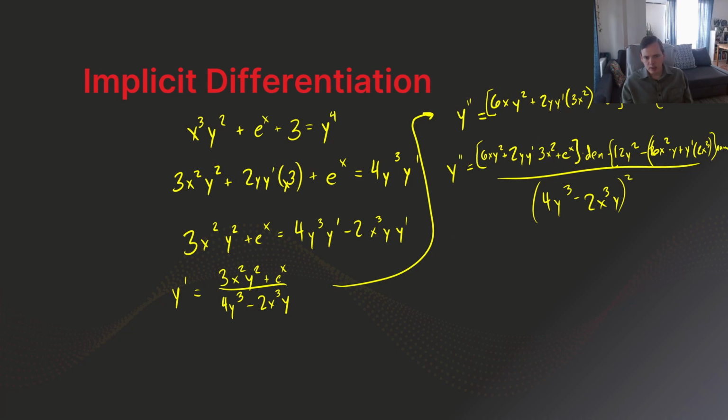Now you'll notice in this expression I have a y prime here when I took that derivative. What I would need to do is take this right here and plug it in here before I get my final answer. So that way my y prime only has x's and y's in it. I'm not going to do that because I chose a bad example and I've made a mess of it, but hopefully you see the logic.